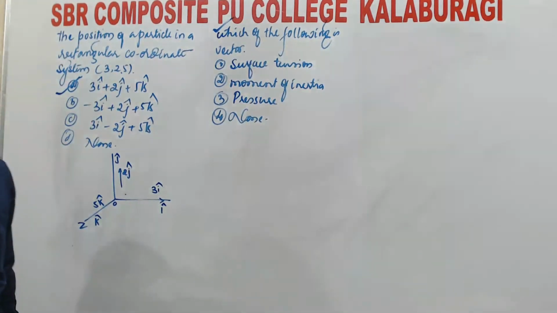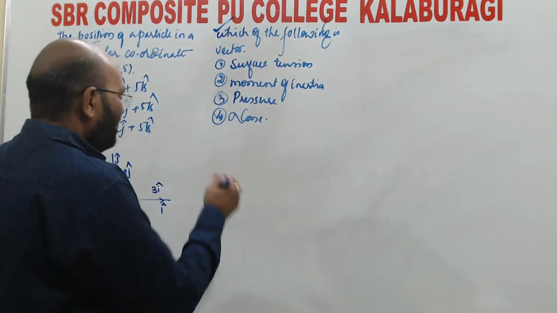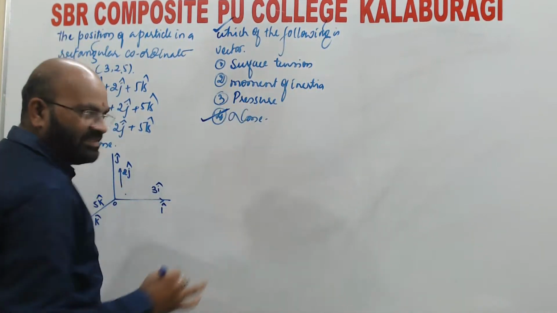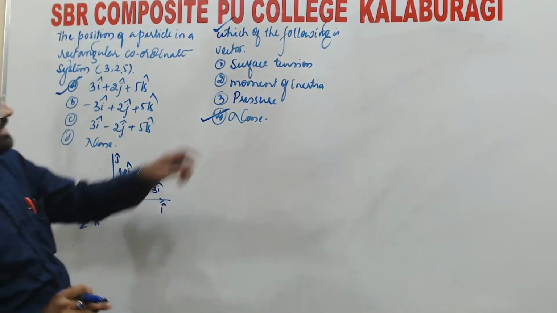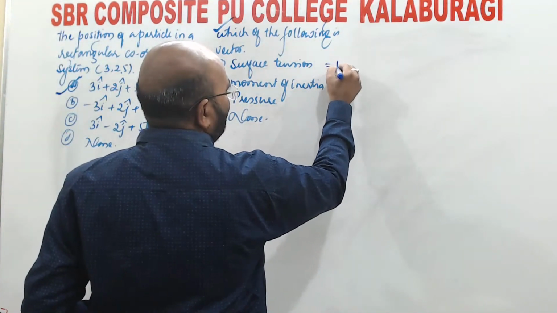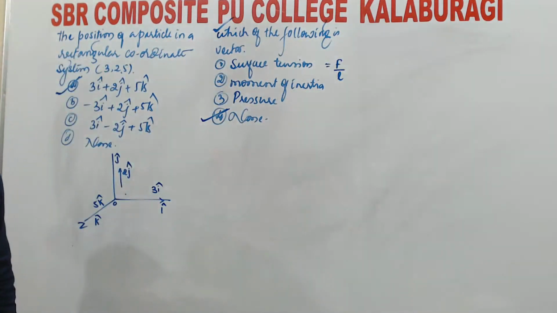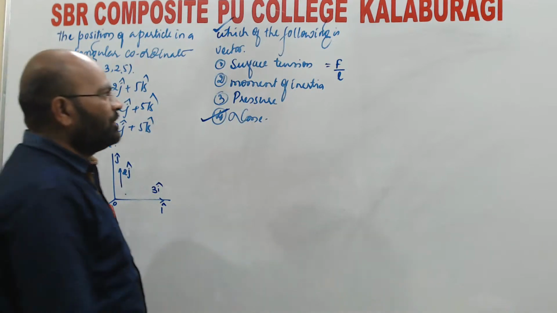A student has given a very accurate and good answer, and the answer is none. Very good, excellent answer. Surface tension is defined as force per unit length.